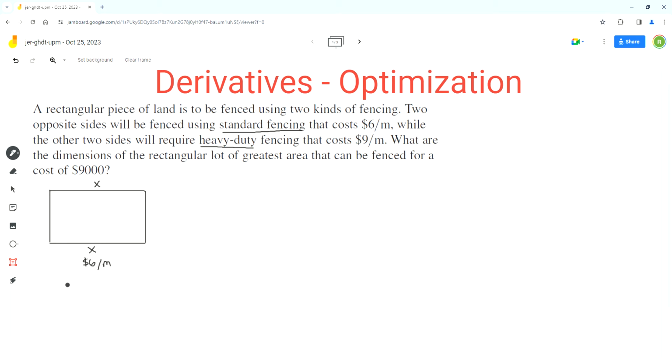And let's assume the width of this rectangle is y, and these two sides are fenced using the heavy duty fencing, and the cost of that is $9 per meter.